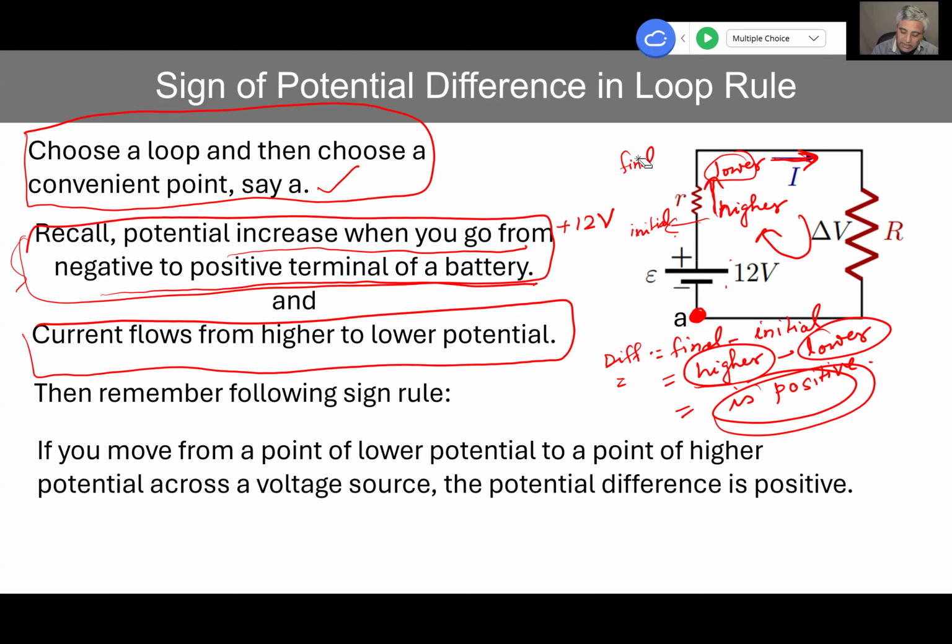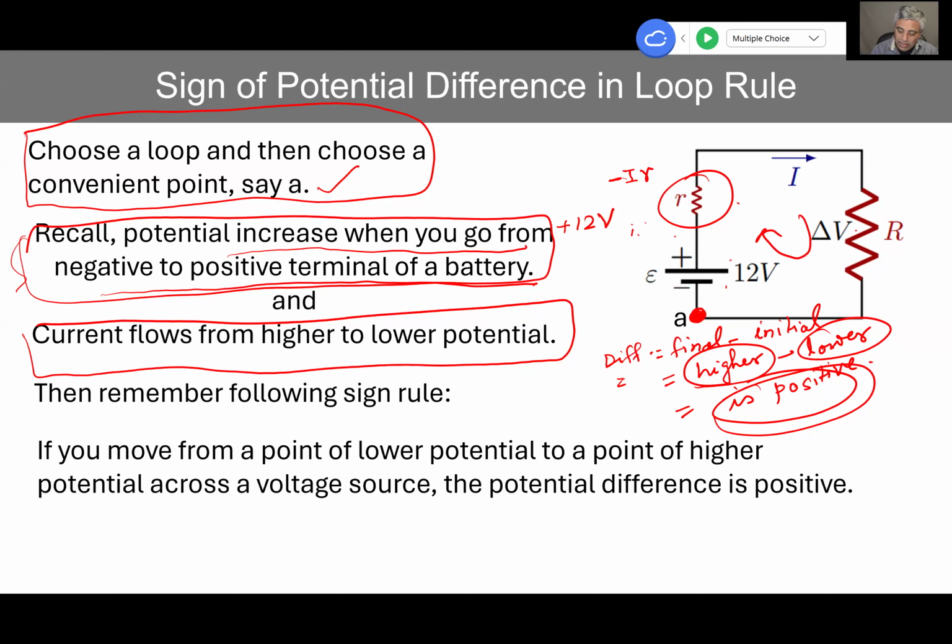So how much is the potential drop over there? The current flowing through is I, because they are all in series in a loop, so the same current flows here. Current I multiplied by resistance gives the potential difference, and this is negative over here.